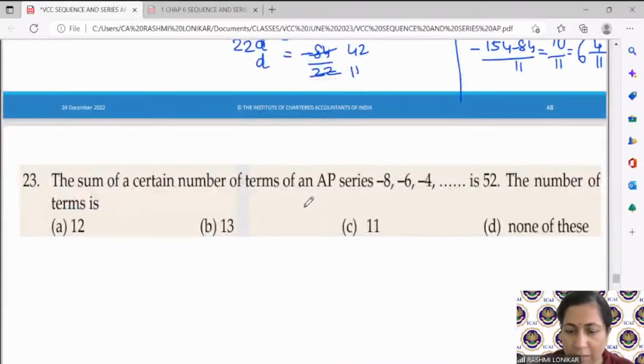Okay. Now let us go to the next. The sum of a certain number of terms of an AP -8, -6, -4 is 52. Find the number of terms.